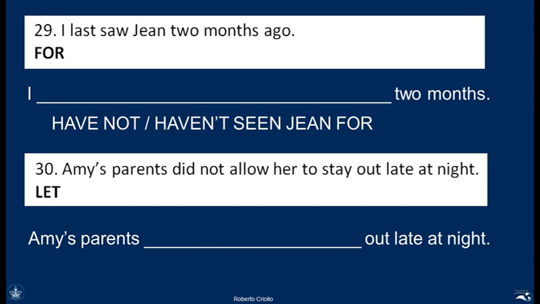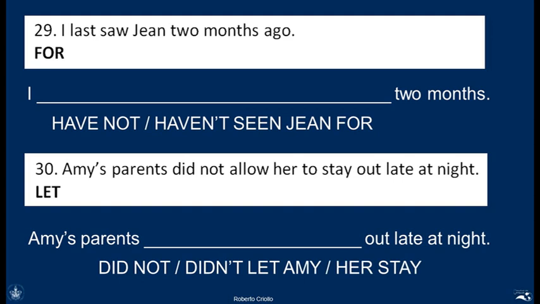Okay, so number 30, that's the last one. Amy's parents did not allow her to stay out late at night, and you have to use the word let. So Amy's parents blank out late at night. So in this case, you just have to say Amy's parents did not or didn't let her stay out late at night.